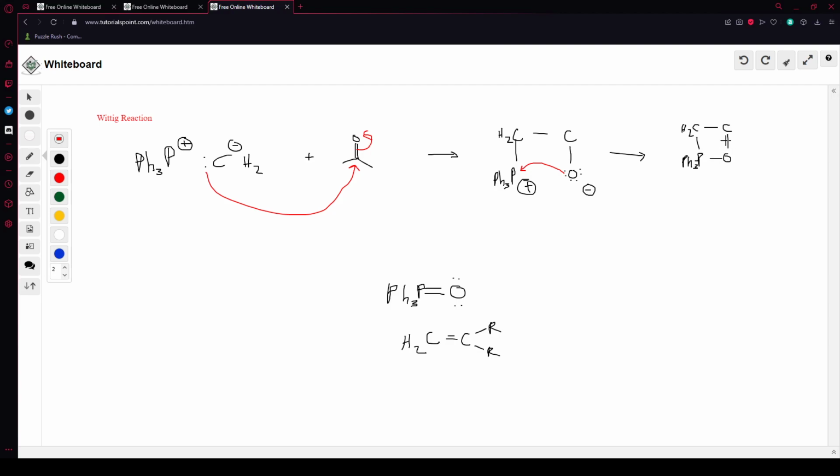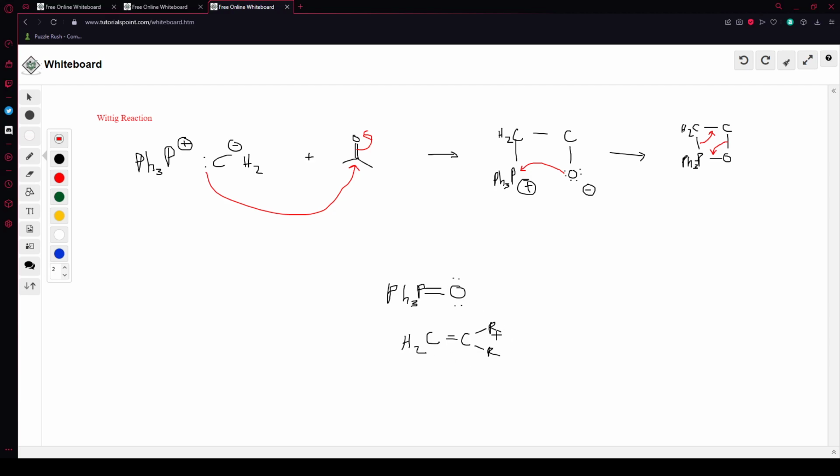And then to finish it off, the ring's actually going to break in a very interesting way, where what was initially the carbonyl and is now the carbon-oxygen bond, the electrons move, forming a double bond between the oxygen and the phosphorus, and the bond from the initial nucleophile, the electrons move to the carbons to form a carbon-carbon double bond, and we get these really interesting products.